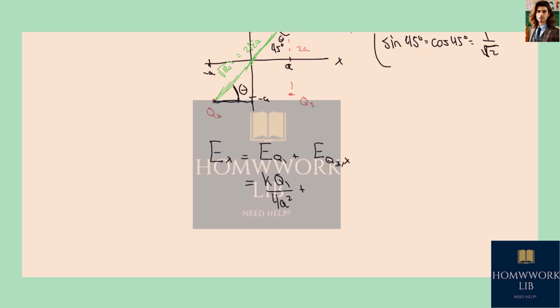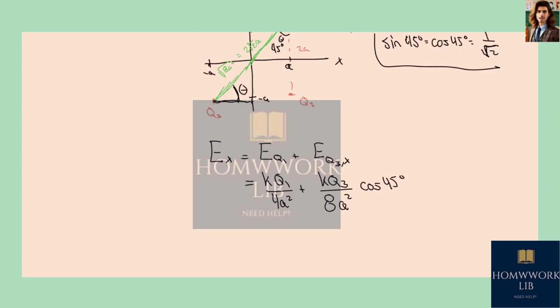As I mentioned, it doesn't matter because sine and cosine in this case are the same. So this is going to be equal to k times Q3 divided by the distance squared. So this is the square root of 8 times a squared, so the factor over here would be 8 times a squared, times the cosine of 45 degrees.